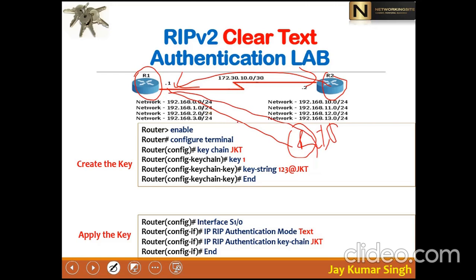So how can you secure RIP updates and RIP neighborship? You put a password in the update, and if the password matches, you become a neighbor. If no match, no neighbor. In RIP we use two types of password, clear text and MD5. First I will show you clear text, and we'll see that it is not recommended, then we will use the secure one, MD5.